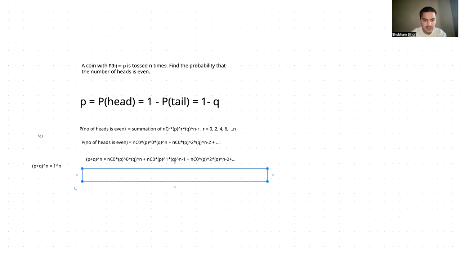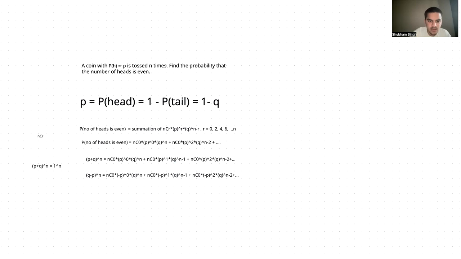This would make our p negative for this term. And if you have noticed, if we do this, all our odd terms would get cancelled.